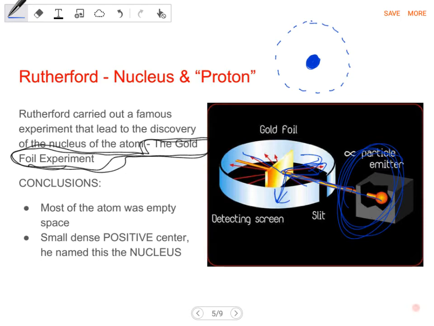Anyway, the point is, this led to the discovery of the nucleus and the positive proton. You may want to watch this video for some more information, but you just have to remember it was a very famous one. You'll do some more of it in Chem 20, but it is a substantial experiment.